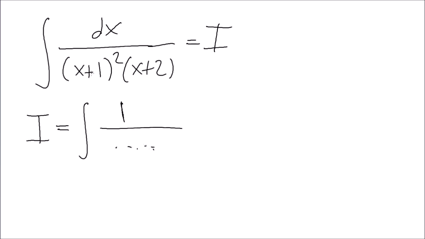I want to cancel out x plus 1, so 1 plus x, and then you have minus x here. I want to cancel out x plus 2, but remember that negative distributes.